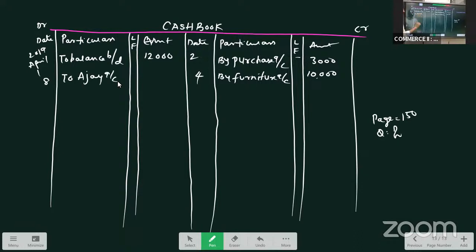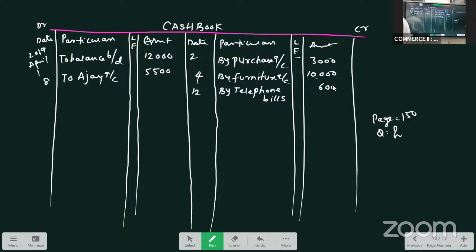To Ajay, 5,500. Next, on 12, telephone bills. Obviously, it means payment of telephone bill. It's an outflow. By telephone bills, 600.